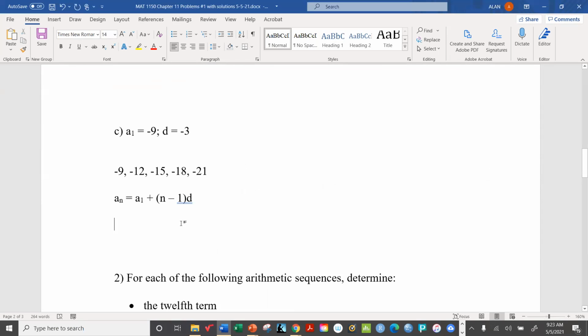So we have A12 equals, we started with -9 plus 12 minus 1. It's always 12 because in all 4 cases, we've been asked to find the 12th term. If we're looking for a different term, of course, that will change. -9 minus 33 is -42.